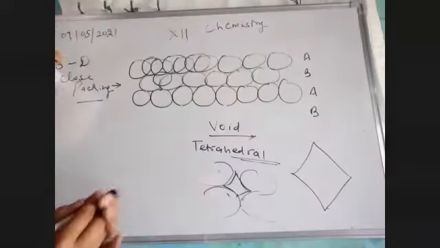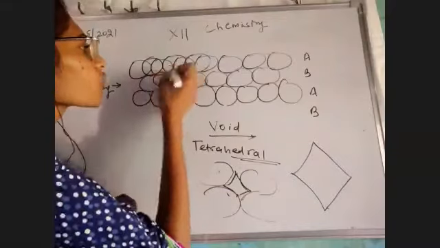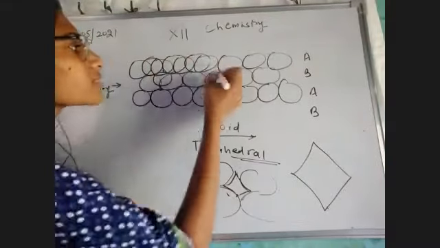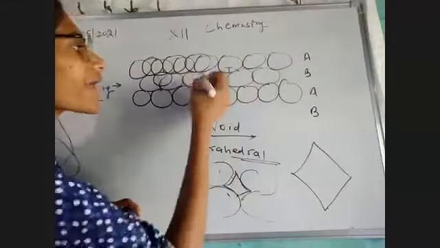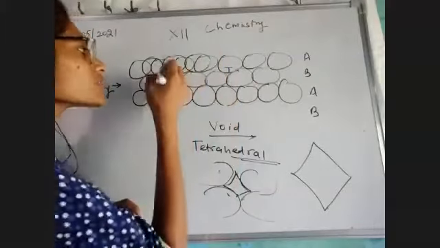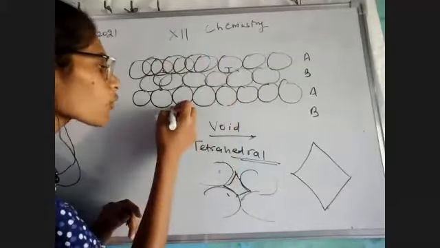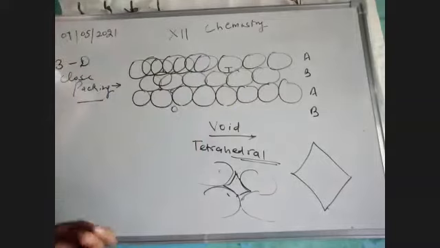The tetrahedral void is present over the above surface, and in the below surface there would be formation of octahedral void somewhat over here.